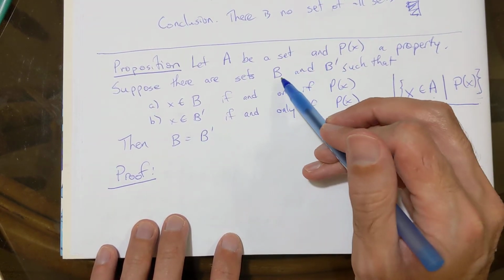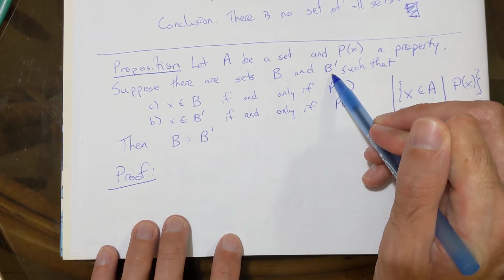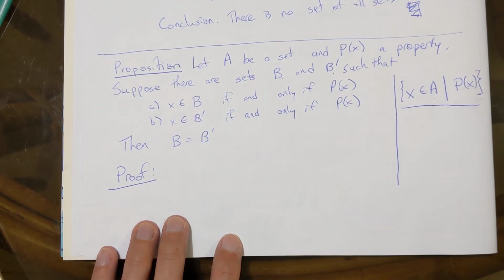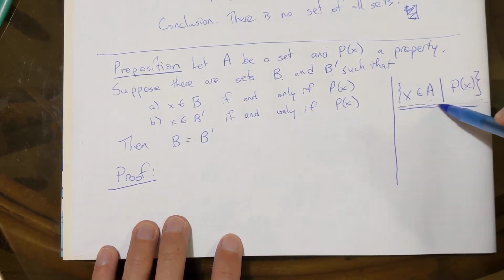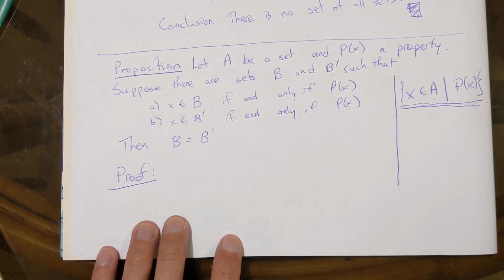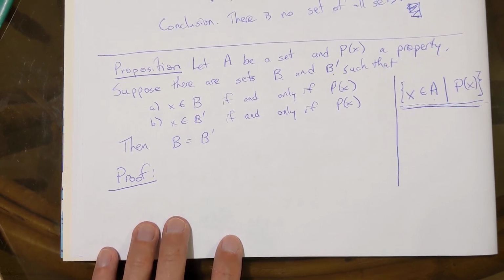These sets B and B prime would be given by the axiom schema of comprehension, and this proposition tells us that these sets are actually equal. That justifies this notation, because now when I write down this notation, it is referring to a thing that exists, and it is referring to one thing, a unique set like that.